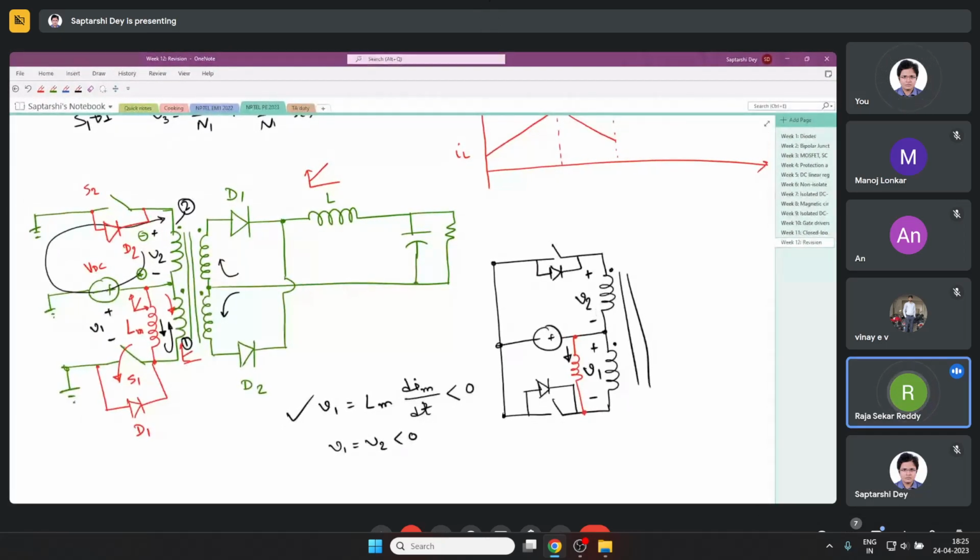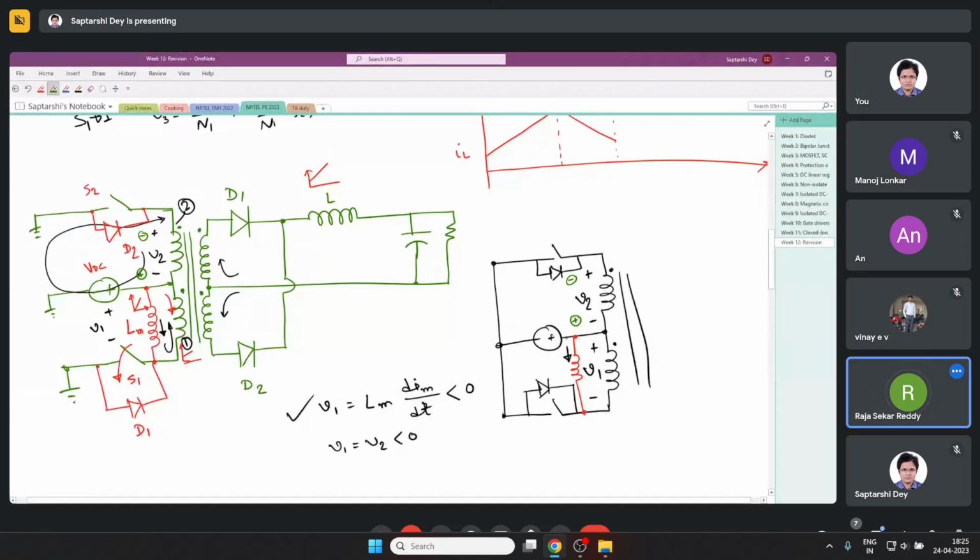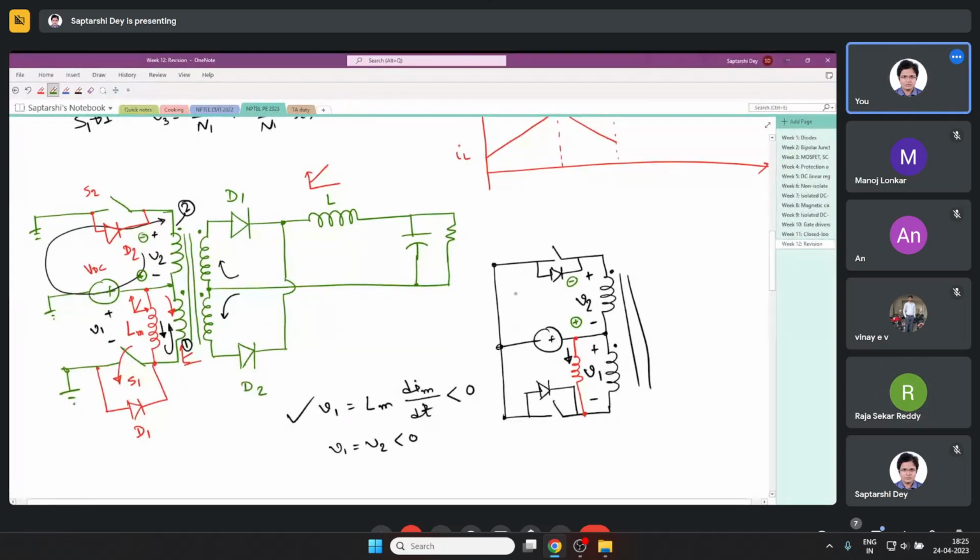Okay, so now what is happening? If V1 is negative, V2 is also negative. And if V2 is negative, that means the actual polarity of V2 is like this. So this can forward bias the diode and make the current flow like this.